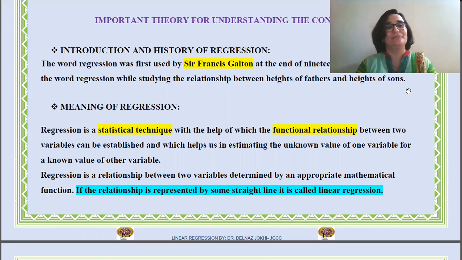All right, quickly. Regression is a statistical technique with the help of which the functional relationship between two variables can be established. And where is this functional relationship useful for you? With the help of this, you can estimate the unknown variable for a known variable which is already given to you. Remember we did sums in class: y is equal to a plus byx x, regression line of y on x.